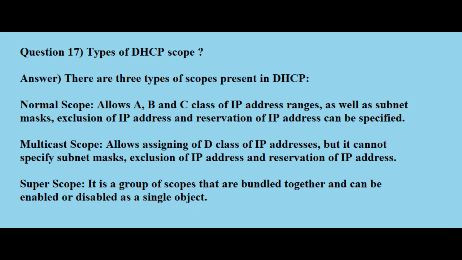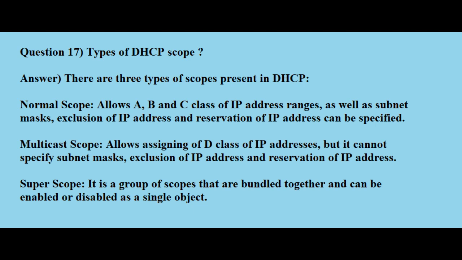Question 17. Types of DHCP scope. Answer. There are three types of scopes present in DHCP. Normal scope allows A, B and C class of IP address ranges as well as subnet masks. Exclusion of IP address and reservation of IP address can be specified.